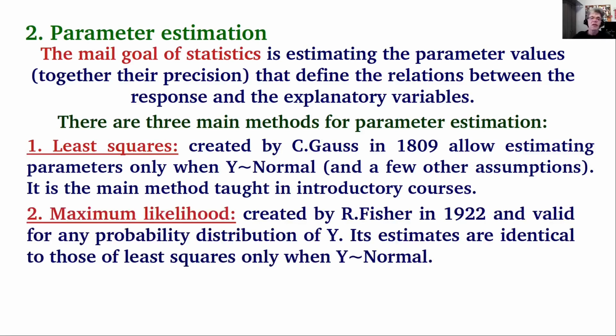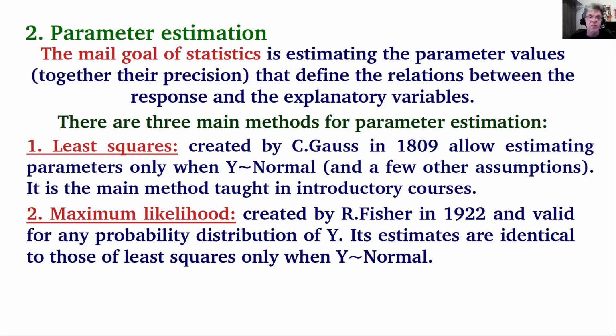The second is maximum likelihood, created by Ronald Fisher starting in 1922, and valid for any probability distribution of the response variable y. The maximum likelihood estimates when the response variable has a normal distribution are exactly identical to those obtained by the least squares method developed by Gauss.